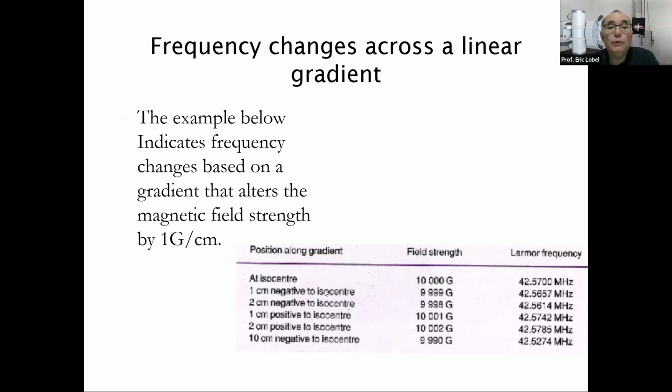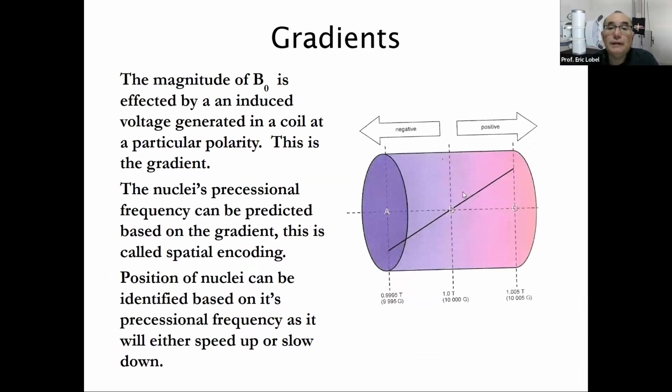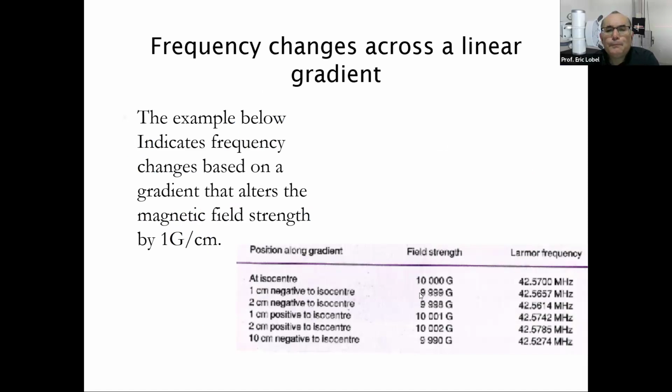10,000 Gauss. But when we move just 1 centimeter negative from that, so in this case, we're going towards the negative side, the textbook that we use gives it a purplish color, but that's just this one artist. Just that 1 centimeter changes the magnetic field by 1 Gauss, lowering it to 9,999. But the important part is, look what happens to the frequency.